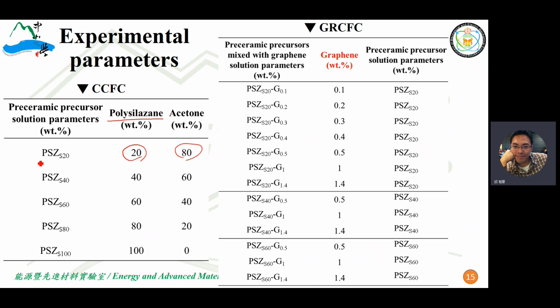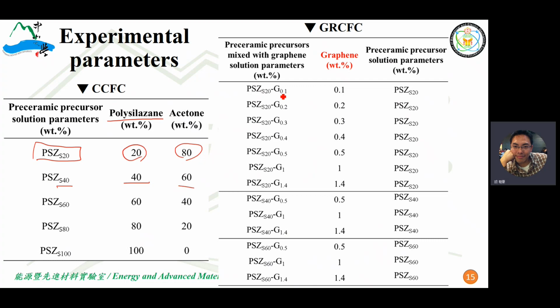We use this abbreviation to represent the 20 weight percent of preceramic precursor, and so on. And this means 40% of the preceramic precursor and 60% acetone.